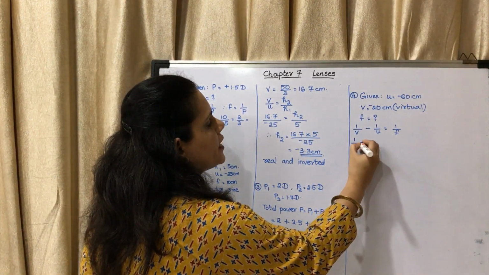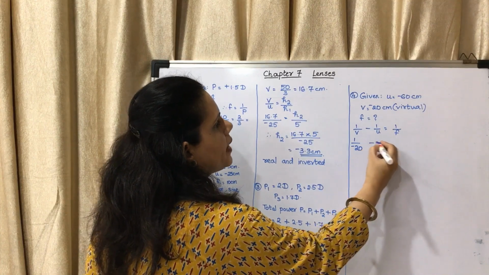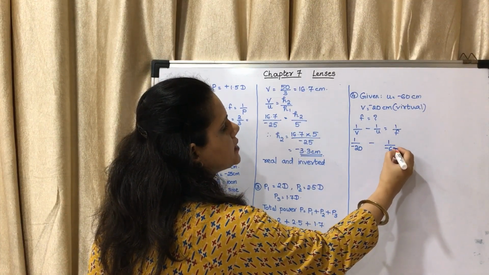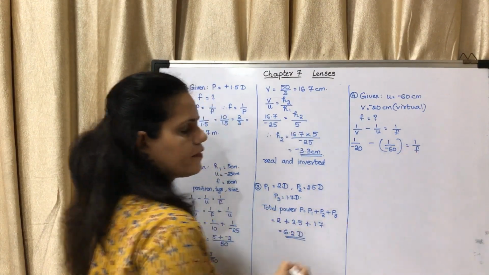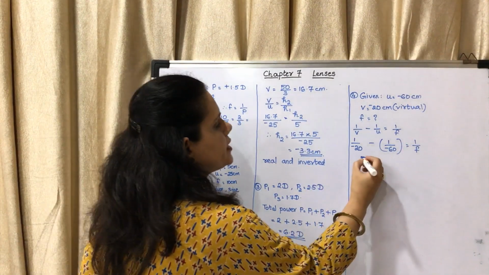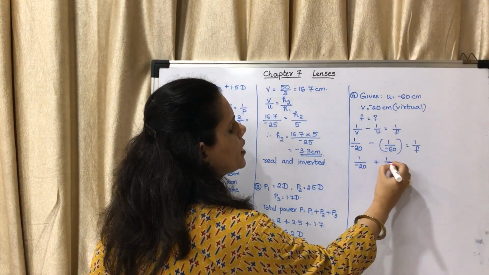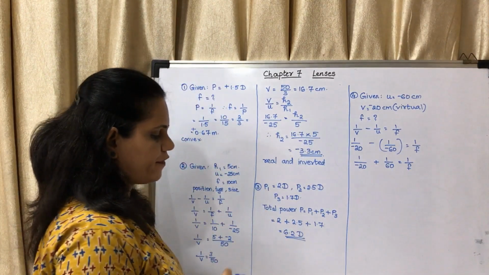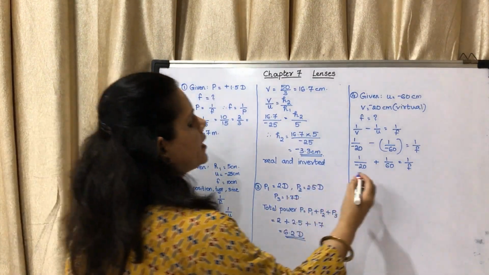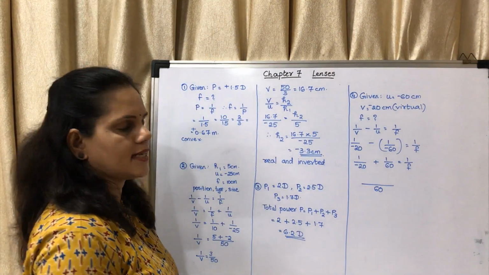So 1 upon minus 20 minus 1 upon minus 60 is equal to 1 upon f. Okay, this is same as 1 upon minus 20 plus 1 upon 60 is equal to 1 upon f. Here the LCM is 60.